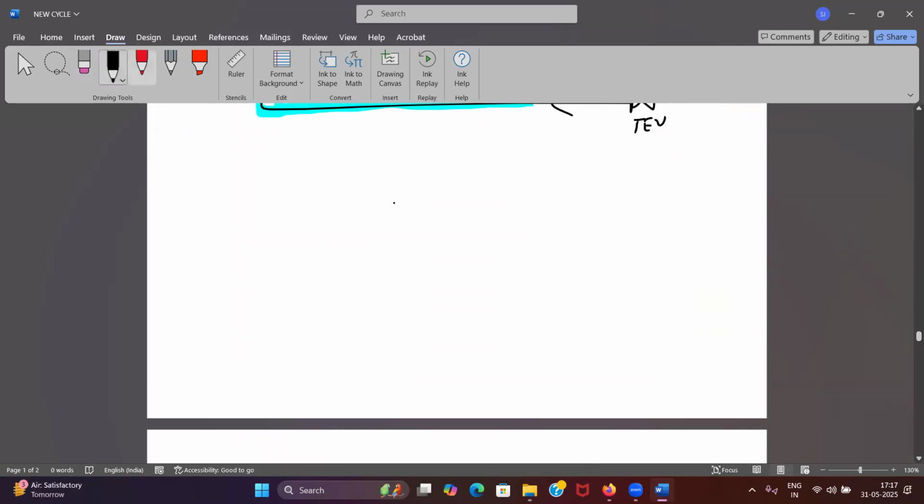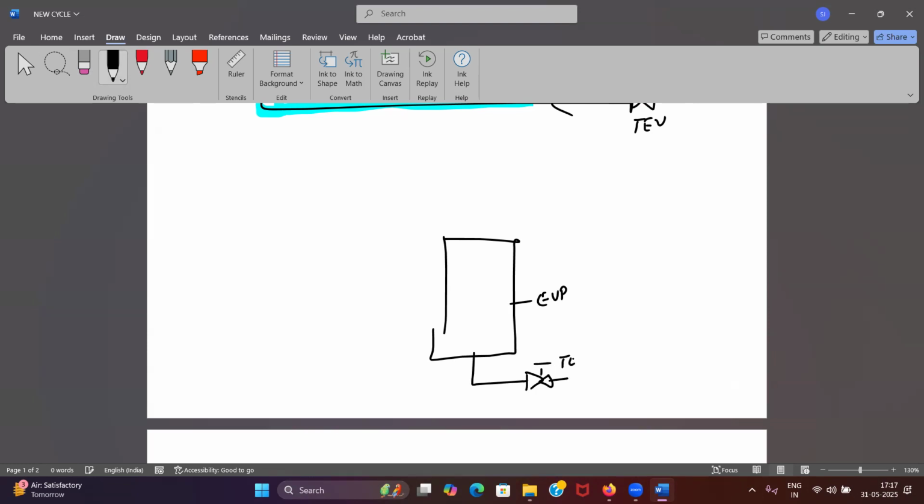So suppose this is my evaporator. This is my TEV. Sensing bulb. And I have, suppose, a back pressure valve.